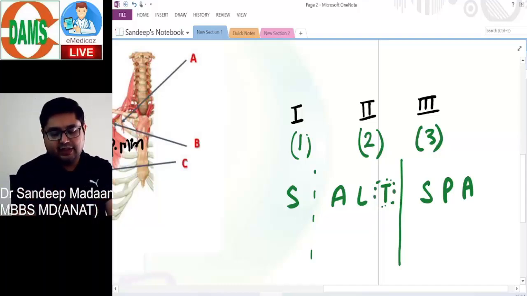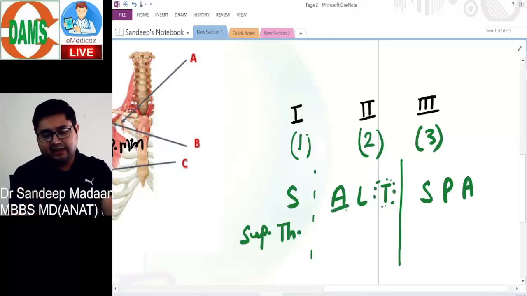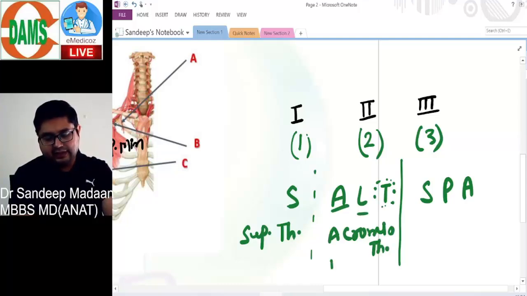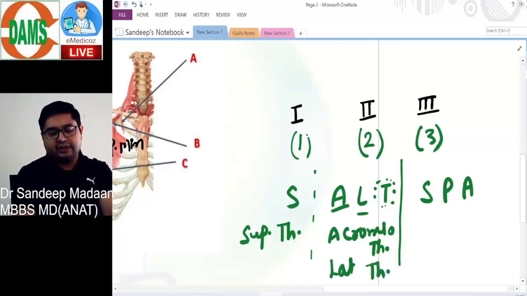Now how to use this mnemonic? See, S for superior, add T, that is thoracic. So it becomes superior thoracic. A is acromio, again add T, acromiothoracic. Then L is lateral, add T for thoracic. So superior thoracic is a branch from the first part, acromiothoracic and the lateral thoracic are the branches from the second part.